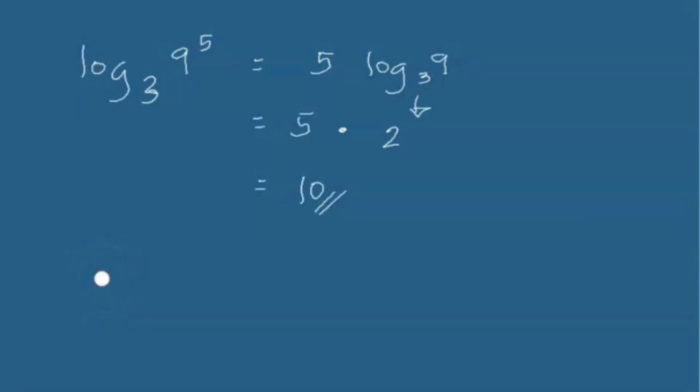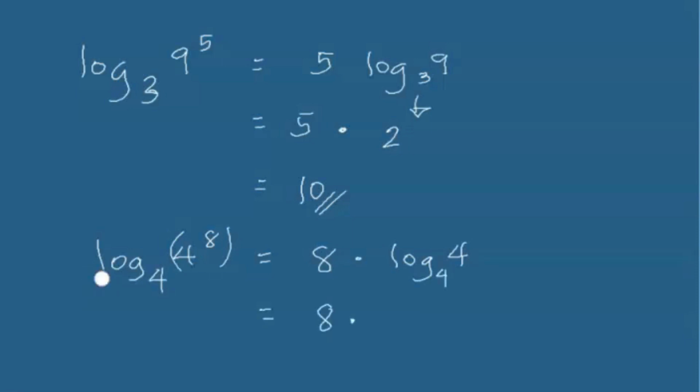Let's have another example: the logarithm of 4 raised to the 8th power to the base 4. We can do 8 times the logarithm of 4 to the base 4, which is 1. So 8 times 1 is 8.